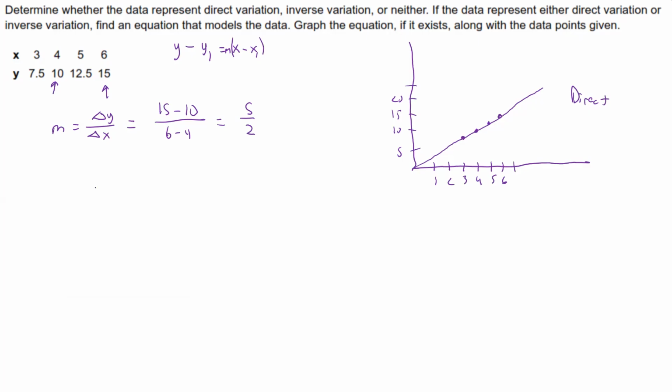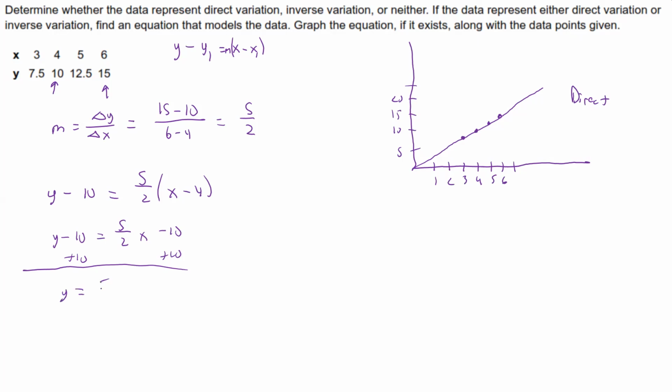So we're going to say y minus 10 equals our slope 5 halves times x minus 4. Now I have to distribute here. So y minus 10 equals 5 halves x, and then 2 going here too, so that's going to be a minus 10. Now I add 10. So y equals basically just 5 halves x because those cancel. All right, so that's my equation of the line.